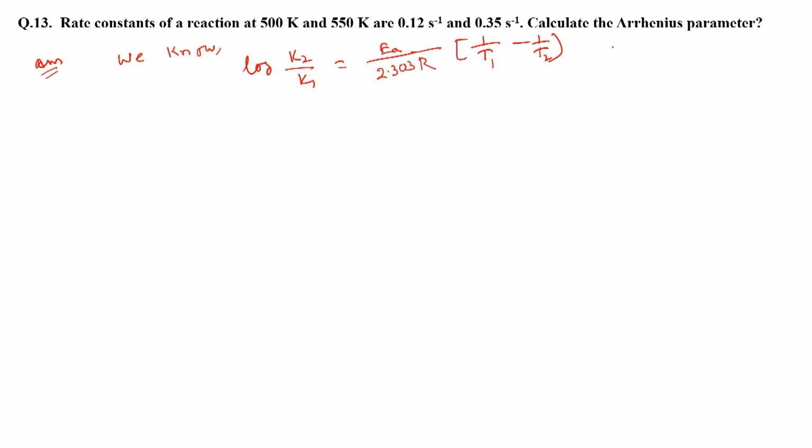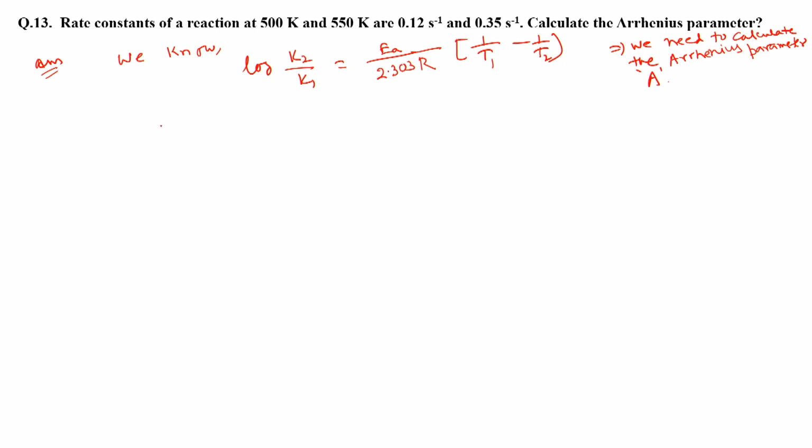Here we need to calculate the Arrhenius parameter A. In order to calculate it, we need to calculate the activation energy, and from this data we can calculate the activation energy.